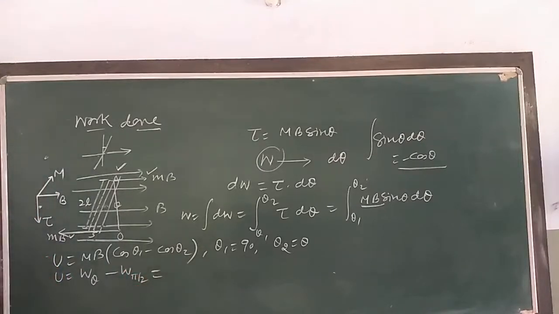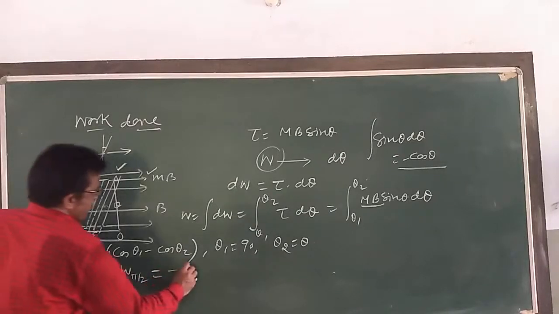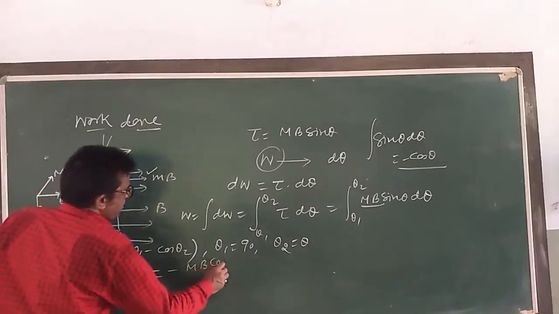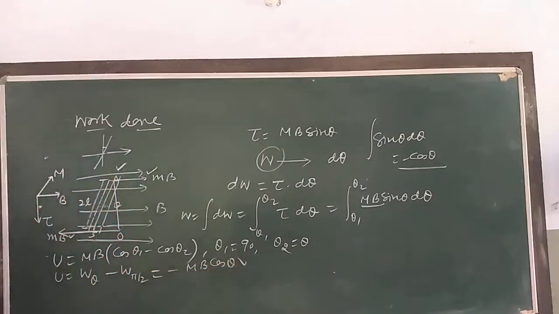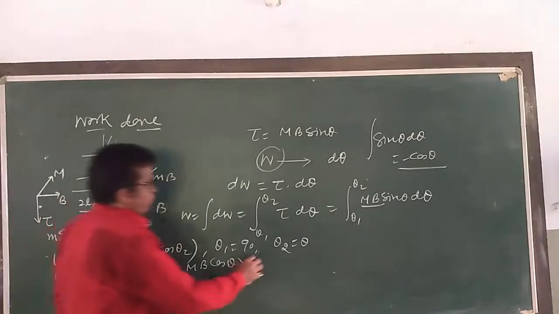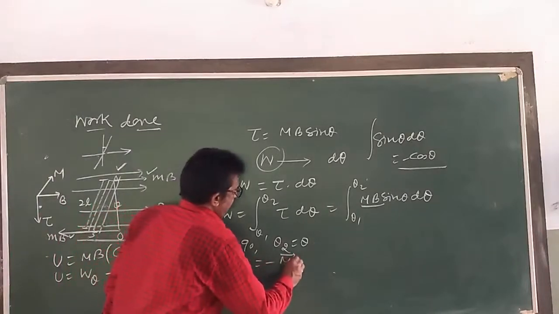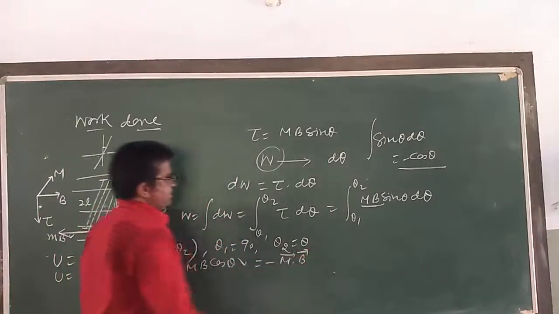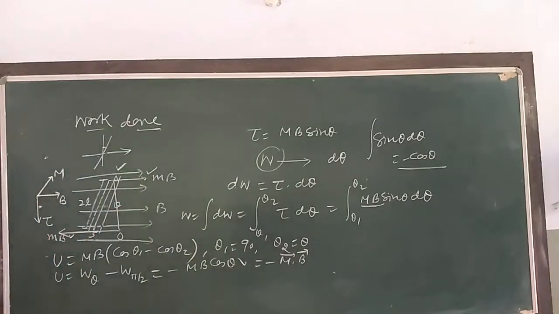So dear children, that is equal to minus mb cos theta. That is minus mb cos theta. You can put the value of theta; if theta is 90 degrees, cos becomes 0, and this comes out. So minus mb cos theta came. So this is the dot product, minus M dot B. This is the result.